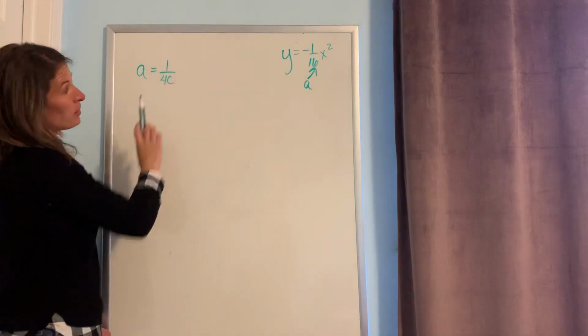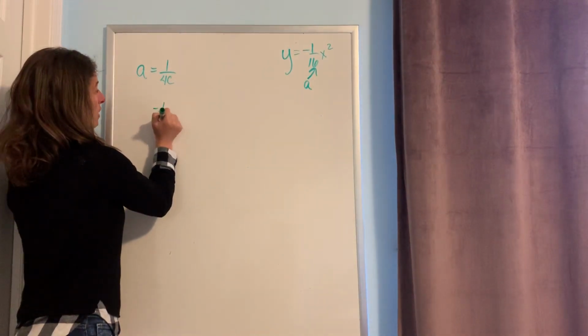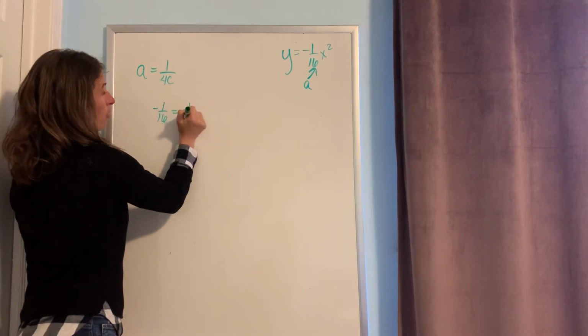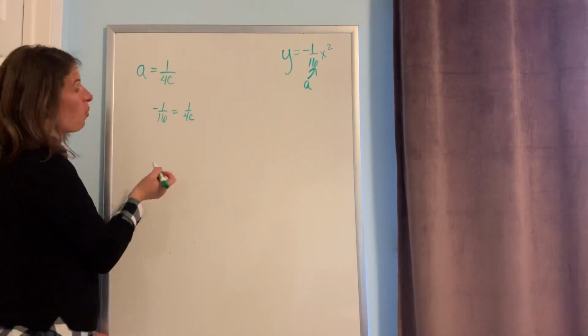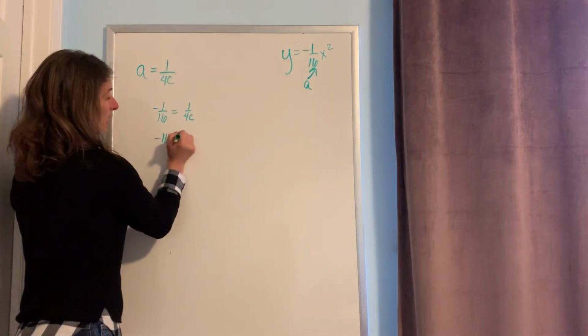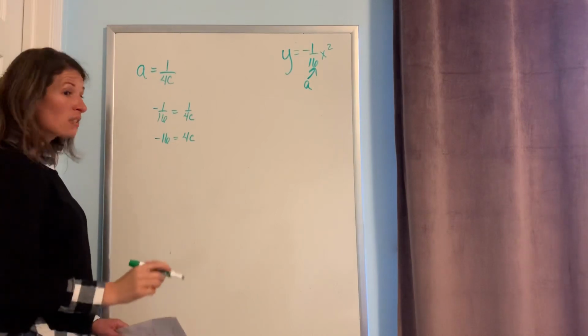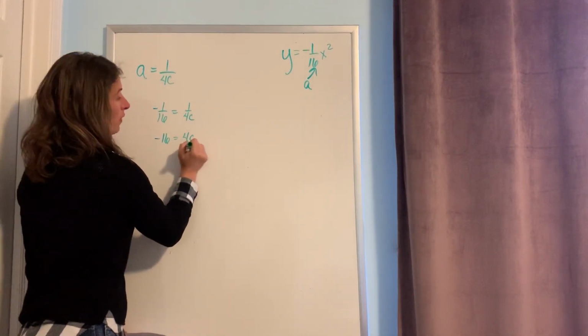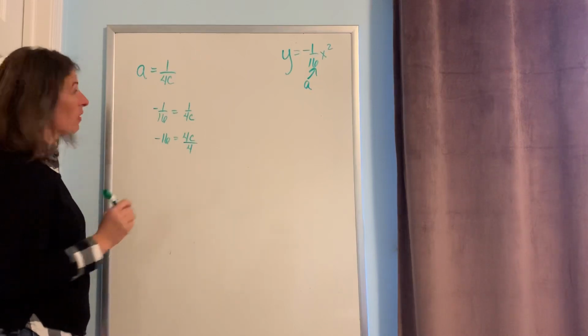So how am I going to find c? I'm going to put -1/16 is equal to 1/4c. So that means that -16 is equal to 4c. To find c, I'm going to divide by 4 because c is being multiplied by 4.